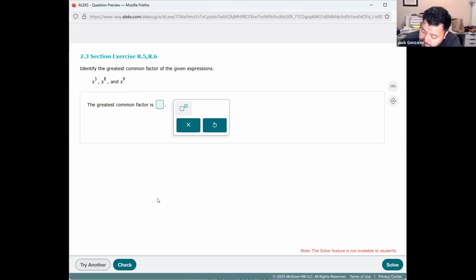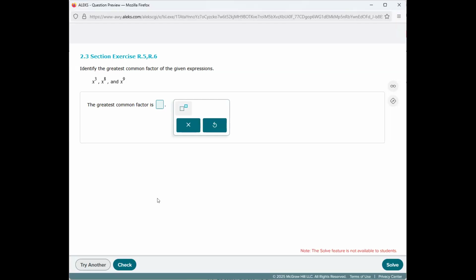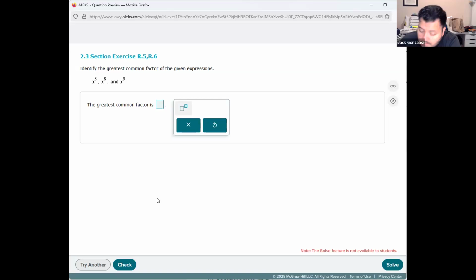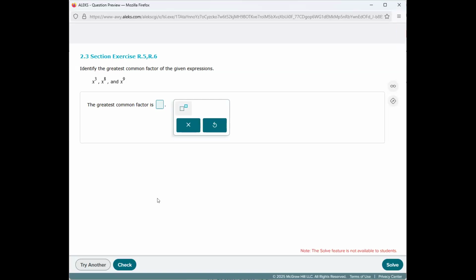So identify the GCF of x^3, x^8, and x^9.